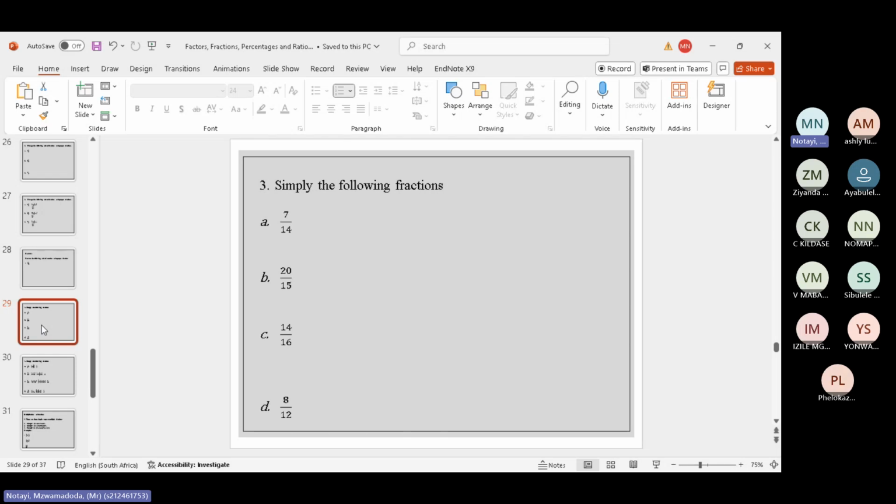So remember, the first thing is to write each one of those, that is the denominator and the numerator, in their prime factors. Write them in their prime factors, and then you cancel what needs to be cancelled, and then you'll get your simplified form of each of those fractions.